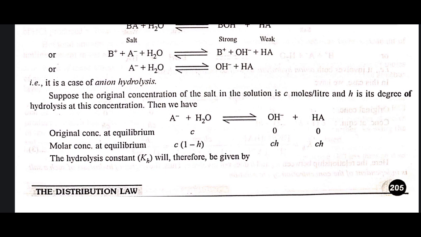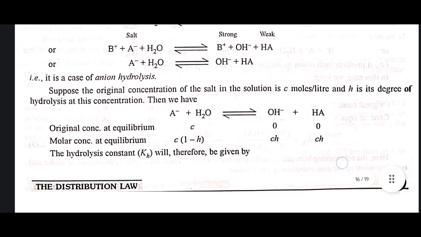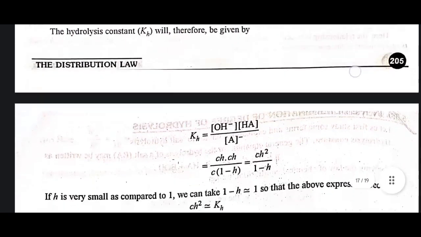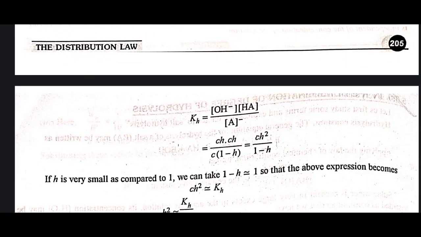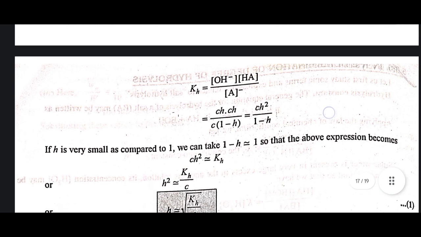The hydrolysis constant Kh will therefore be given by Kh is equal to concentration of OH negative into concentration of HA upon concentration of A negative is equal to Ch into Ch upon C(1 minus h) is equal to Ch square upon 1 minus h.